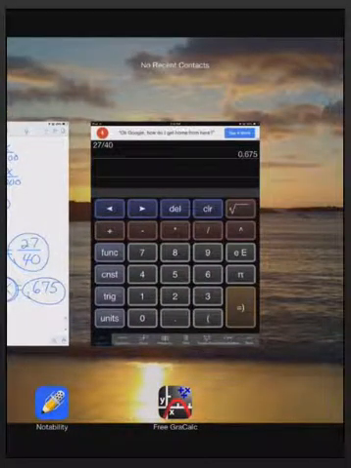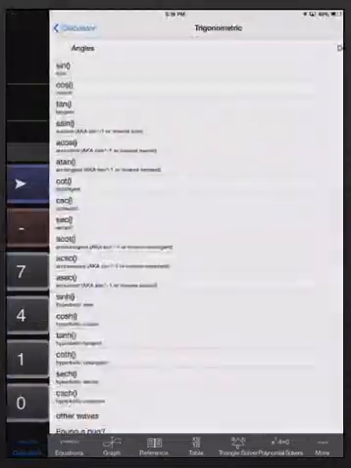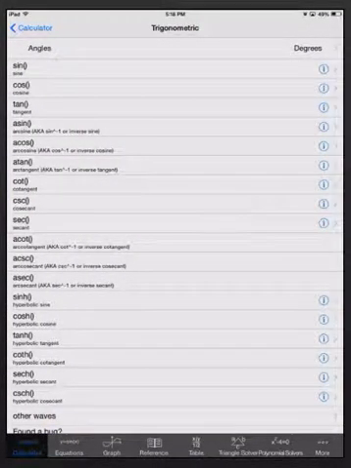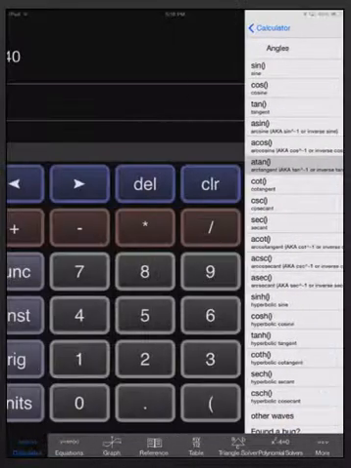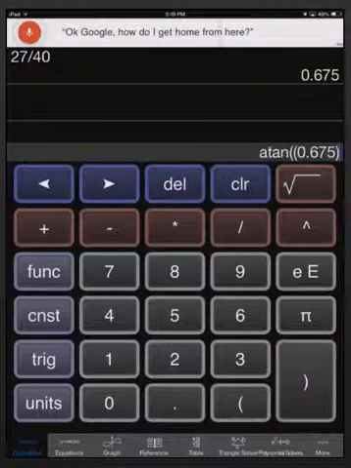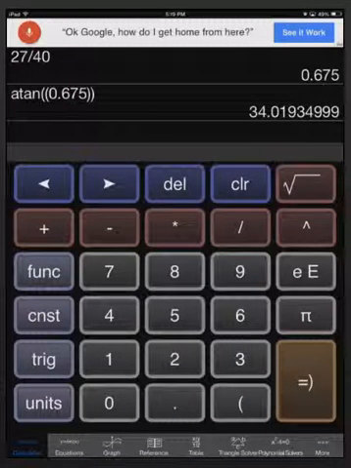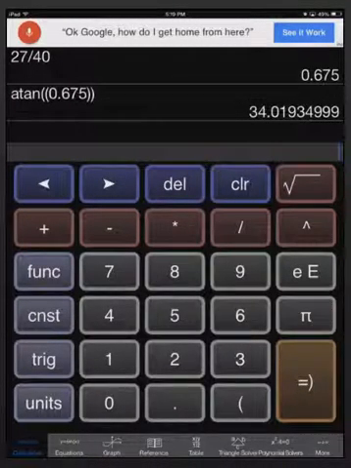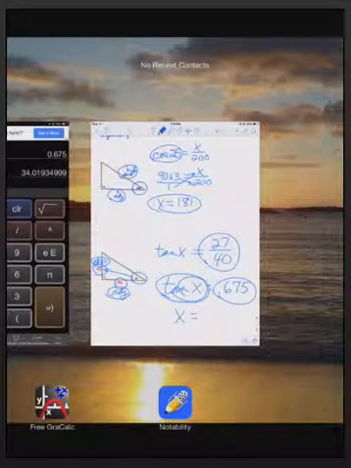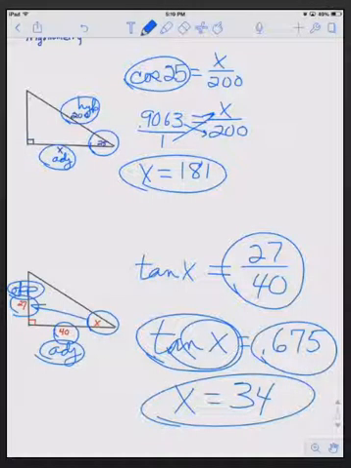The way in which we do that with my calculator is we say inverse tangent, which is also known as arctangent, and we put in the value 0.675, and we say equals, and we have an answer of approximately 34 degrees. So x is approximately equal to 34 degrees. Hopefully those two problems help.